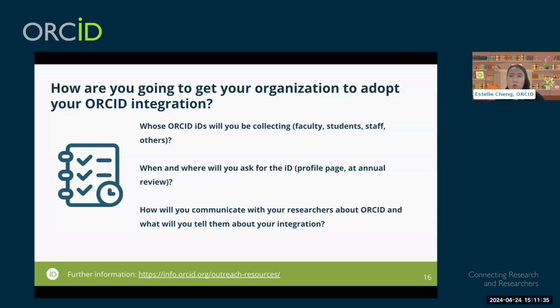It may be related to an annual review, or to a certain exercise where you want to launch this ORCID integration to ensure your researchers or PhD students can have a smooth experience. And how are you going to communicate? Whether through a communication campaign or even organizational policy, to make it a part of a researcher's working experience in your organization. Those are also questions for our members to think about when planning the integrations.